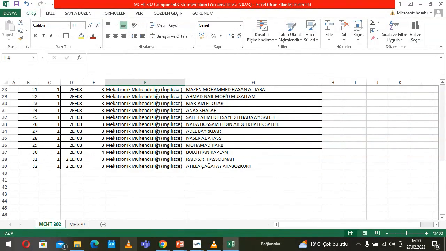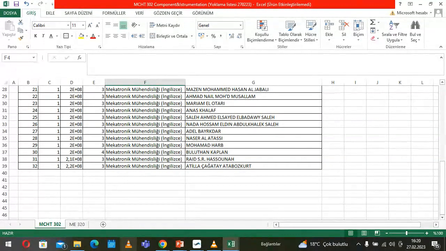So this is the P actuator, H actuator, electromechanic actuator, sensor, network, hardware and software. 5, 6, 7.